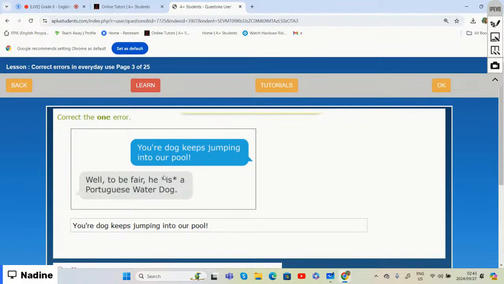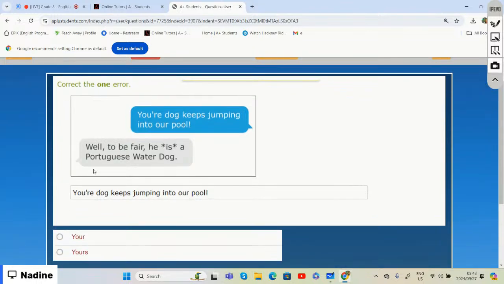All right, the next one says, your dog keeps jumping into our pool. Well, to be fair, he is a Portuguese water dog. We need to correct the one error. Is it option one, "your," or option two, "yours"? Which one is correct?